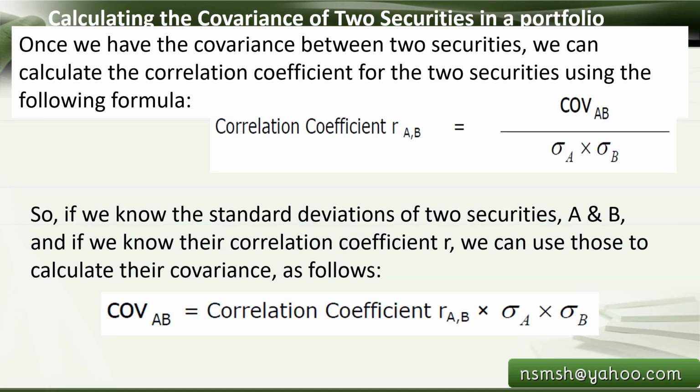Once we have the covariance between two securities, we can calculate the correlation coefficient for the two securities using the following formula. The correlation coefficient R of two securities A and B is given by the covariance divided by the standard deviation of A multiplied by the standard deviation of B. So if we know the standard deviations of the two securities A and B, and if we know their correlation coefficient R, we can use those to calculate the covariance as follows.